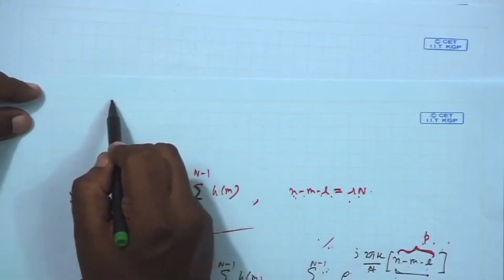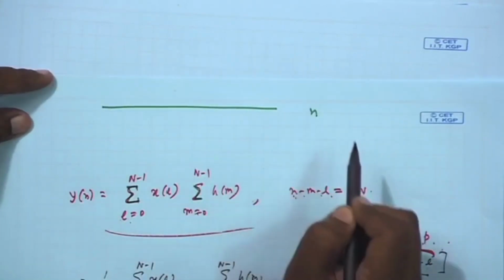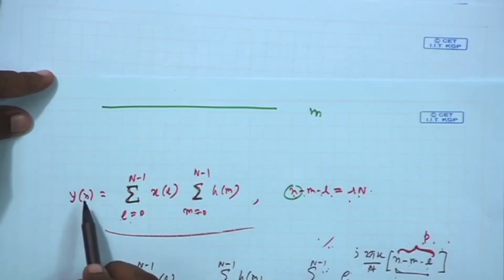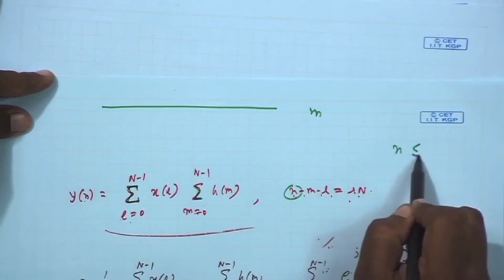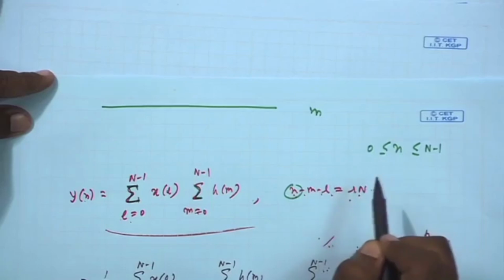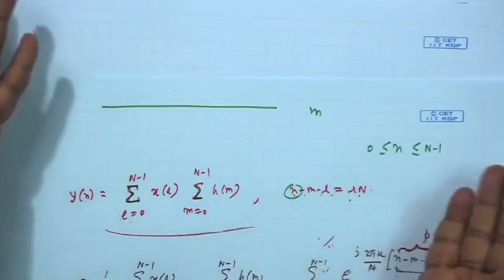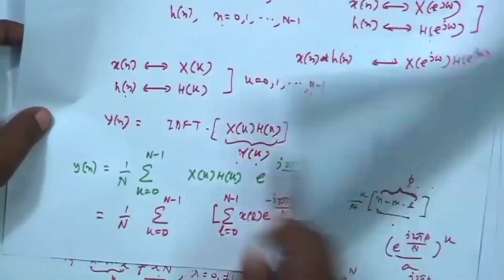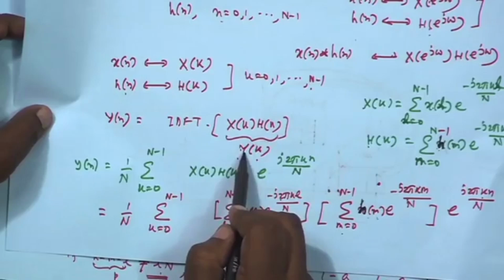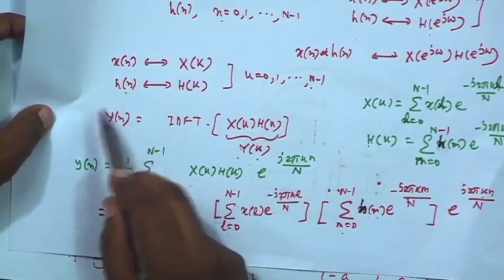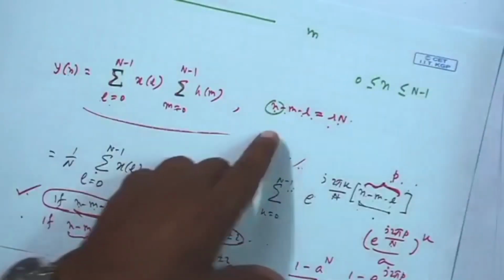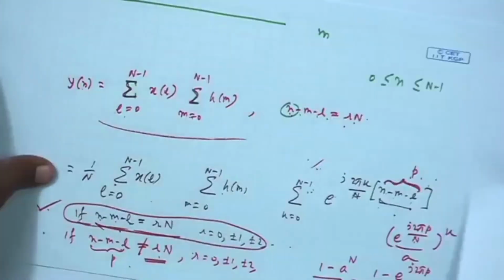Suppose I have one axis, M. The small n is your choice. You are trying to find y at a small n, but small n is within this range. You multiply the two DFTs, called it yk, and take the n point IDFT. So this is a length capital N sequence. I am finding y small n for small n within this range. Small n is your choice; you have fixed it within that range.